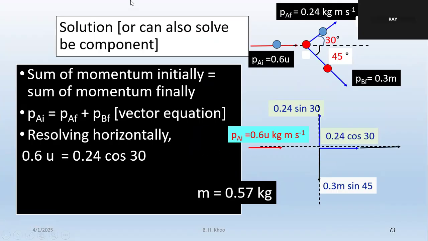If you use the horizontal component, it's the same thing. It is 0.24 cos 30, and then 0.3 M cos 45. So this one equals this one plus that one there.